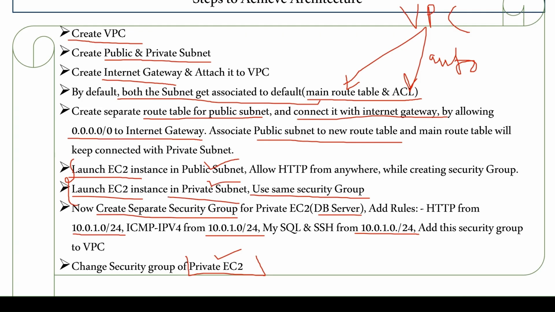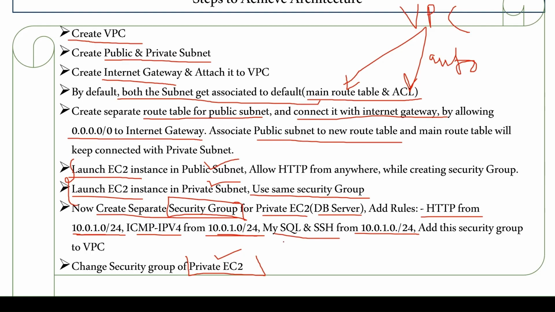Now we will create a separate security group for our private EC2, that is the DB server, and we will allow HTTP, ICMPv4 from the web server, MySQL and SSH also from the web server.